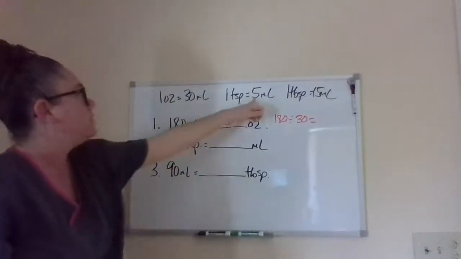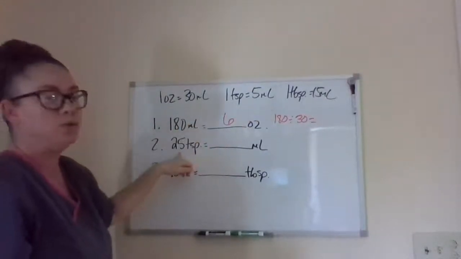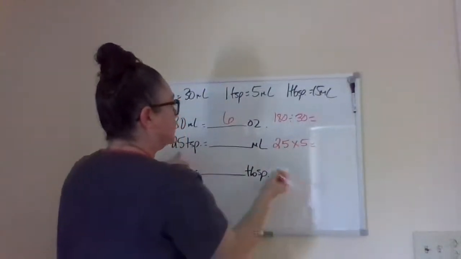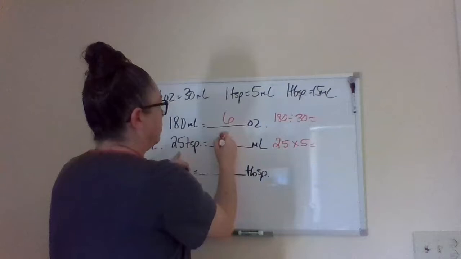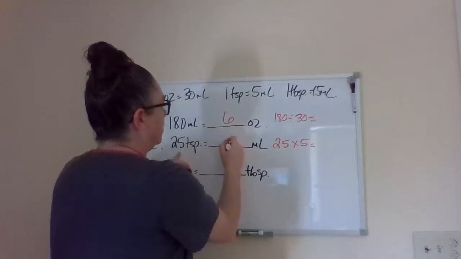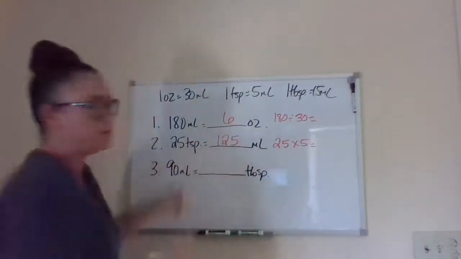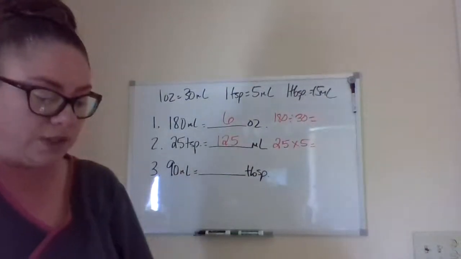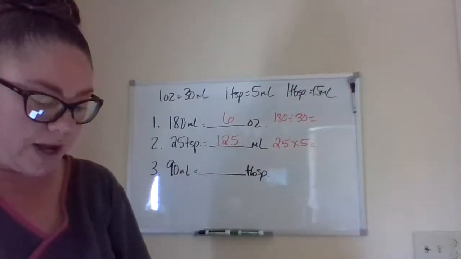Teaspoons, there's 5 mLs for every teaspoon. So 25 times 5 should give you 125 mLs. Again, we're just going to be multiplying or dividing each way.